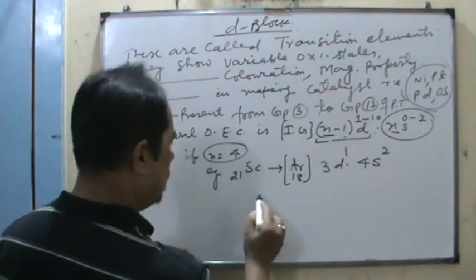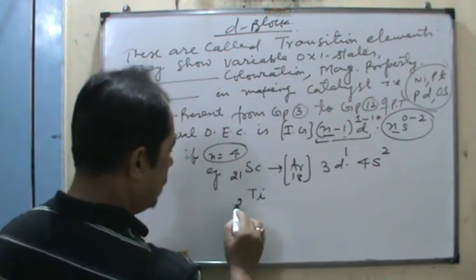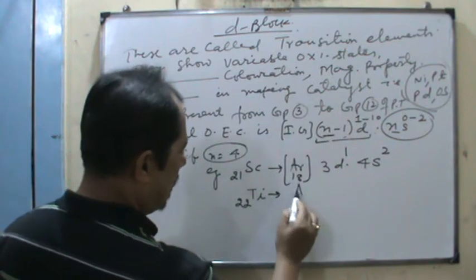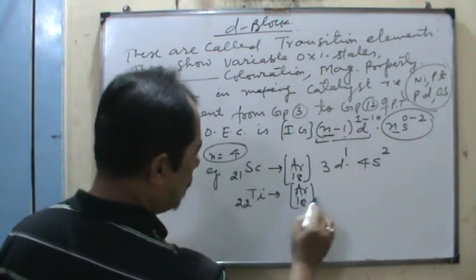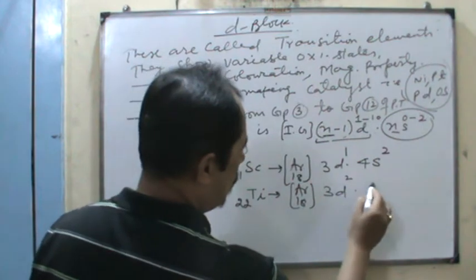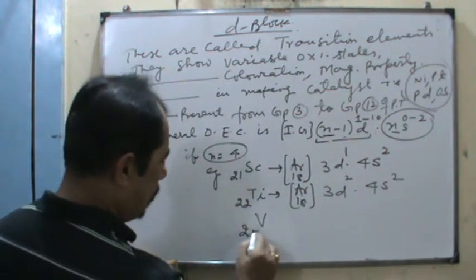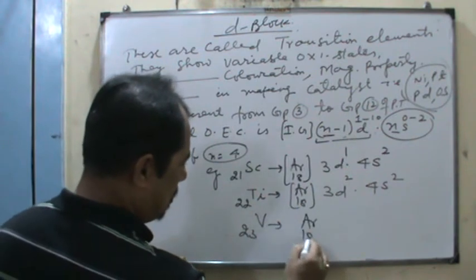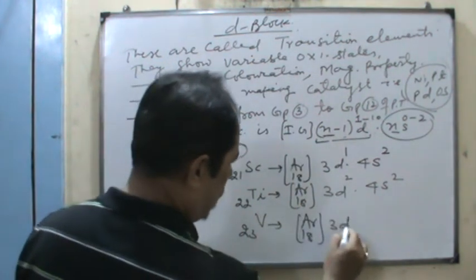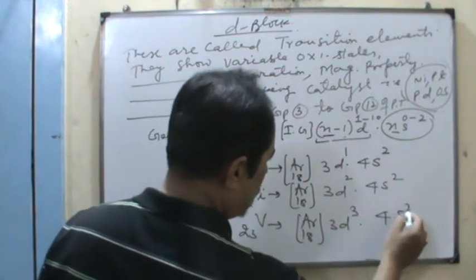For example, titanium 22: again you write argon 3d2 and 4s2. Vanadium 23: argon 3d3 and 4s2.